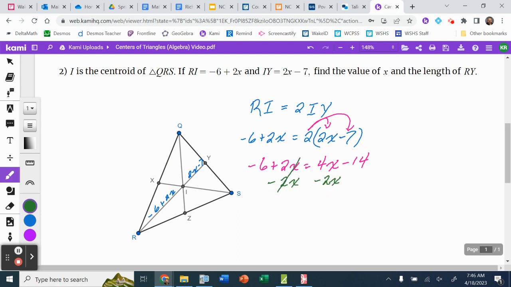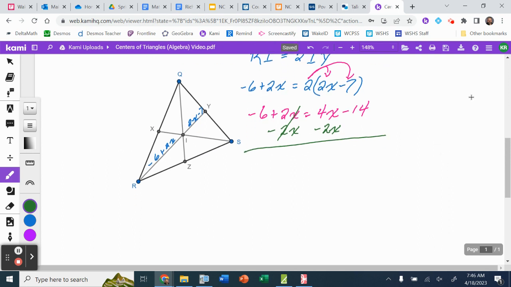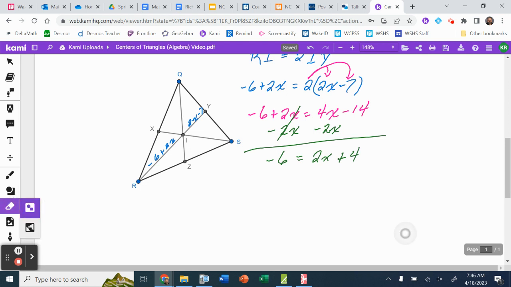On the right-hand side, those are just going to cancel out. I'm sorry, on the left-hand side, rather. That's going to leave us with -6 on the left. And 4x minus 2x will leave us with 2x plus 4. I'm sorry, I don't know where I got plus 4 from. Should be minus 14.